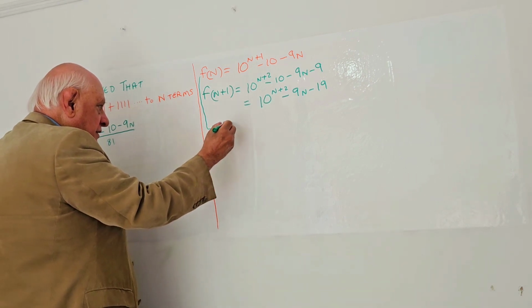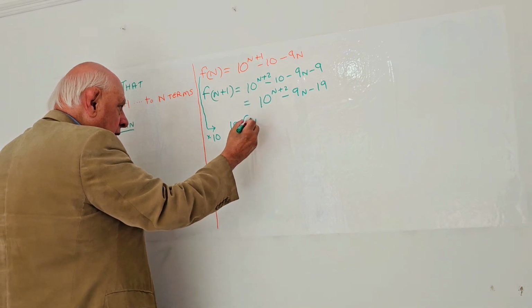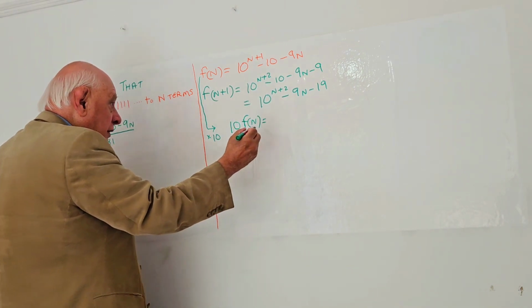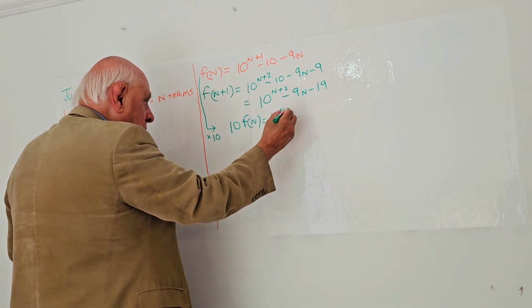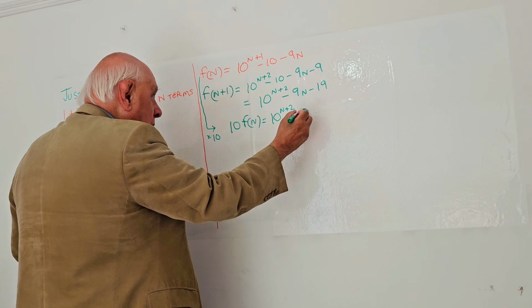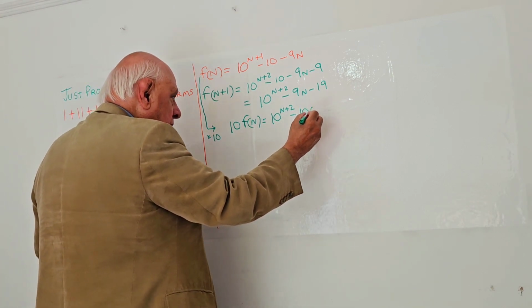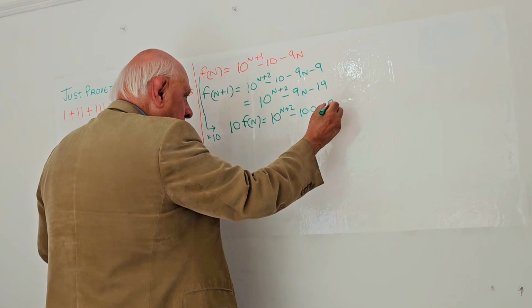So we get 10 times f of n will equal 10 to the power n plus 2 minus 100, sorry, we're multiplying by 10, minus 90n.